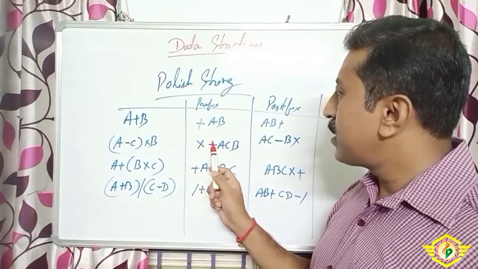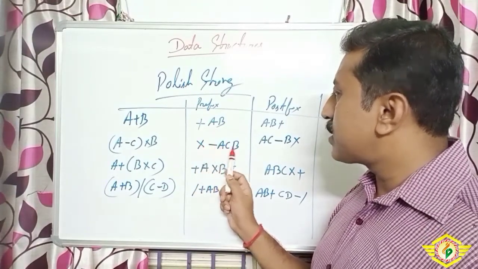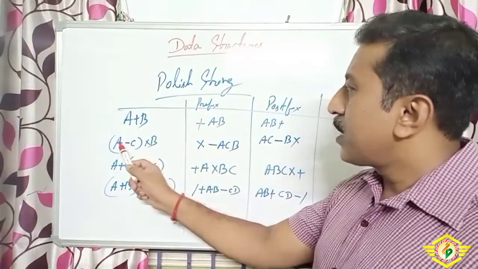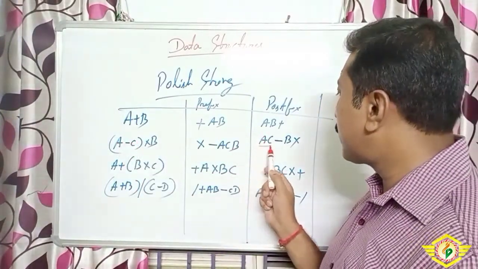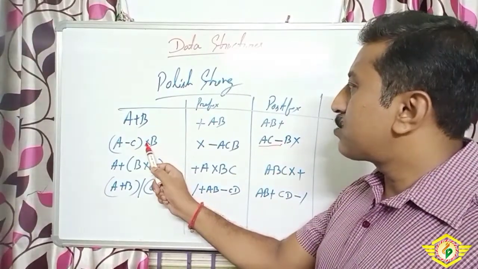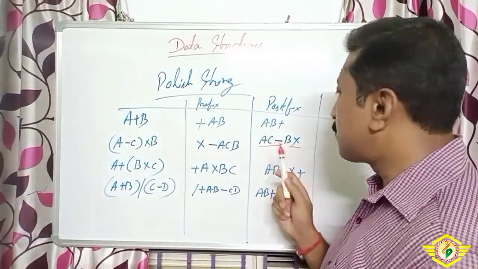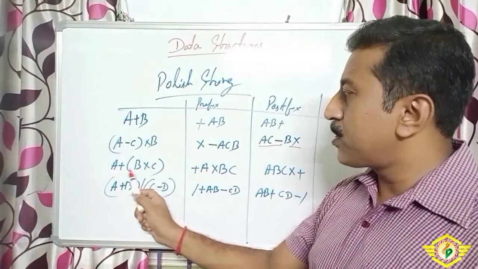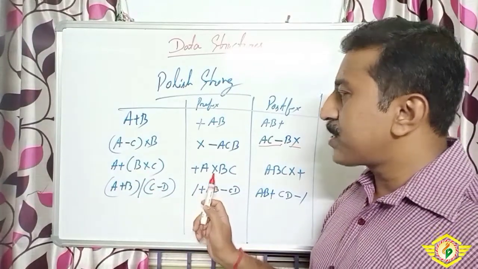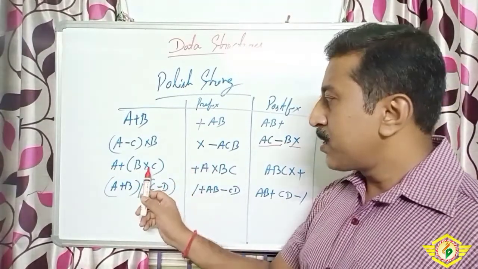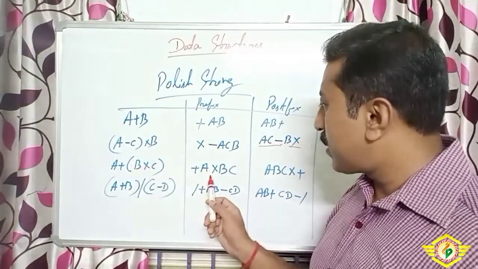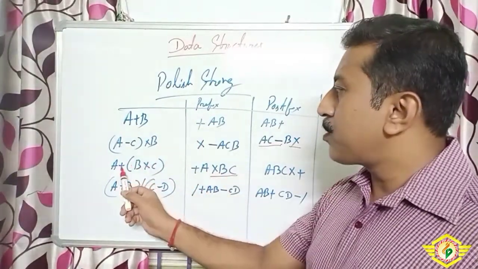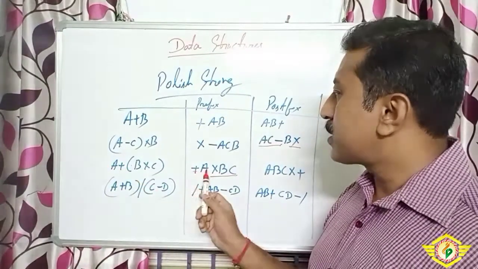So the multiplication sign, minus a c b. And in postfix, a minus c is given, so a c minus, and the into sign will come this side, so b into. Next, a plus b into c. This is prefix, meaning before the operands, so the into sign will come here, so now it is into b c, and the plus comes before, so plus a.